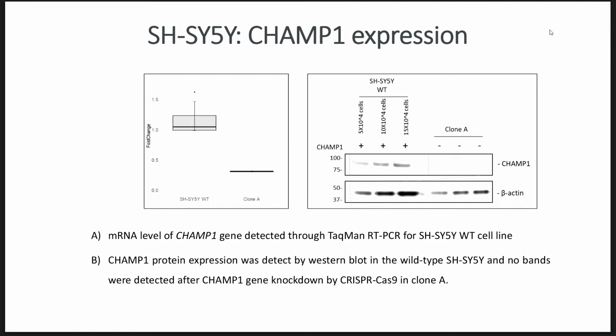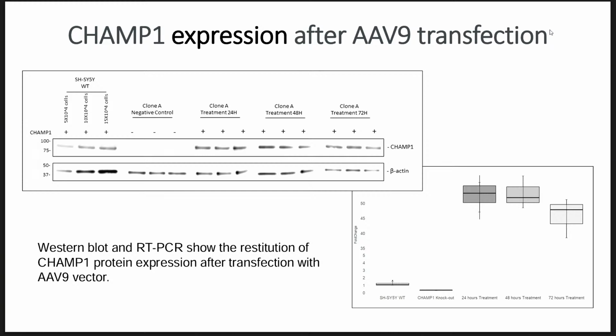So it's a good model to work with, and we were able to confirm it on both the RNA and protein level. Next, we treated that cell line with AAV CHAMP1, AAV type 9, exactly the same AAV we will use in the mouse model.